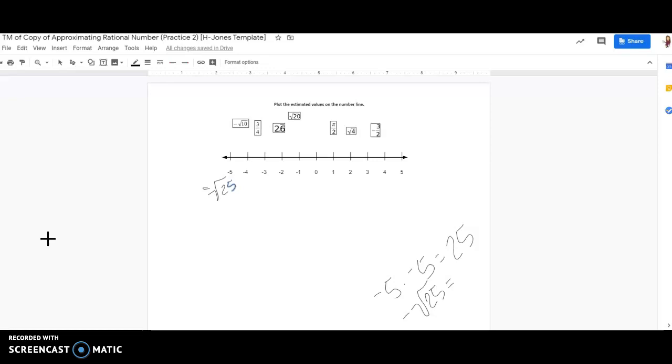-4, well, I know that -4 times -4 is equal to 16. So the negative square root of 16 is equal to -4. So right here, the negative square root of 16 is -4. The same is true for -3.